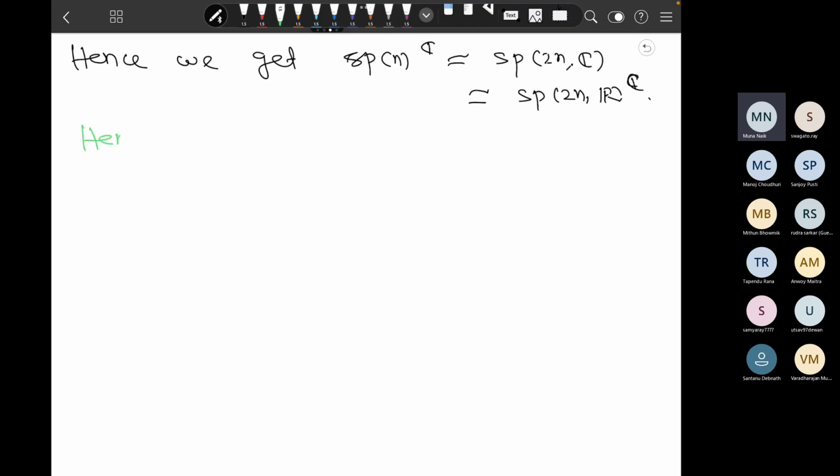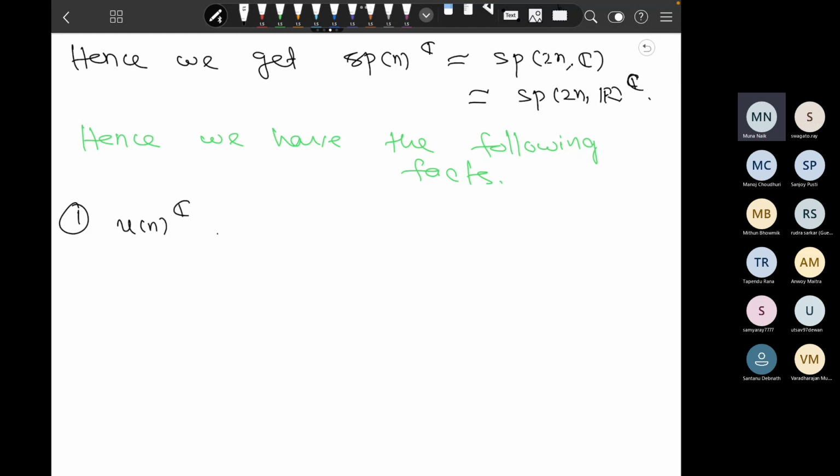So hence we get the final conclusion. We have the following facts. Let us write everything here. First, the compact real form: U(N)^C is really GL(N,C), and this is really GL(N,R)^C.